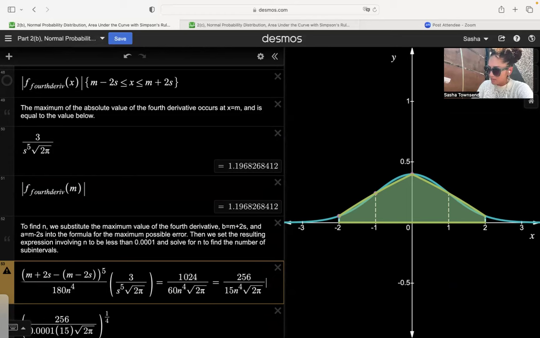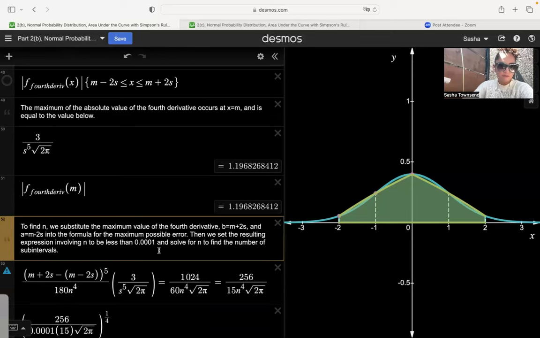That's going to be sigma to the fifth, or 3 times sigma to the fifth divided by 2 pi. And if we do those calculations, we end up with 4 sigma to the fifth here. 4 to the fifth is 1024, I believe.